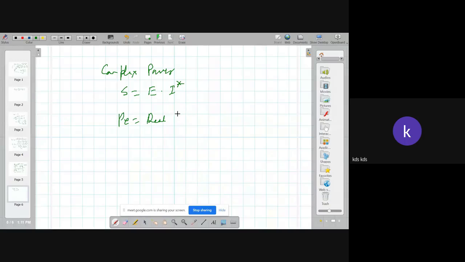So PE is the real value of E multiplied by I conjugate.